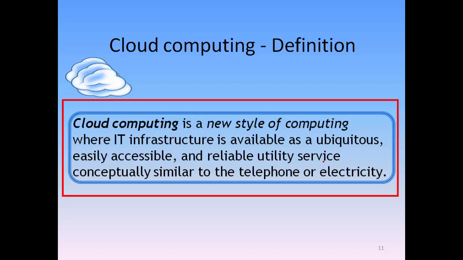Ubiquitous, you can access it from anywhere, either your mobile, like your Gmail, your email, your Yahoo, your Facebook, you can access from your mobile, your laptop. You need not sit in your data center if you are using any cloud service. Easily accessible, you just require internet access and you can use it. And reliable utility service, conceptually similar to telephone or electricity.